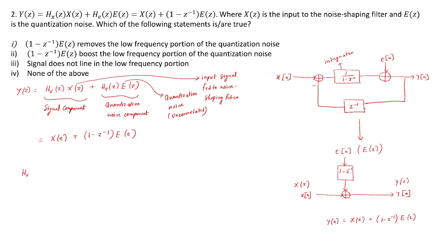Hx(z) is equal to 1, which means it has a flat response, or we can say a universal response also, an all pass filter, because if you represent it in terms of omega, you see Hx(e to the power j omega) is equal to 1 for all omega, so that means flat response across all frequency.